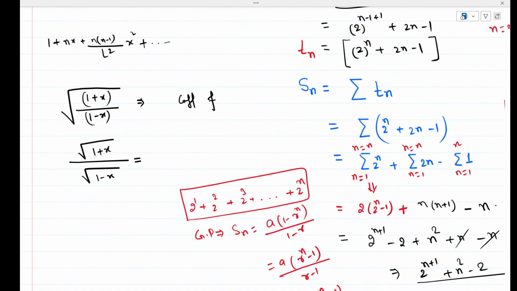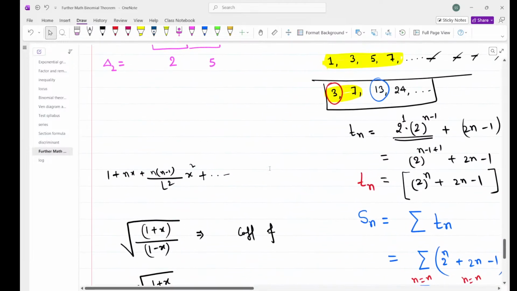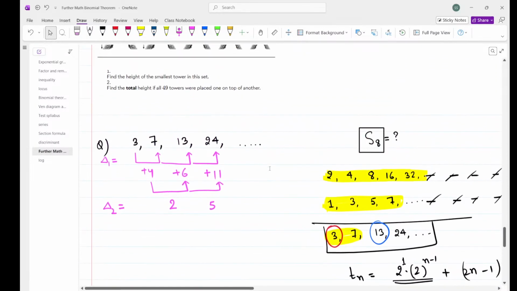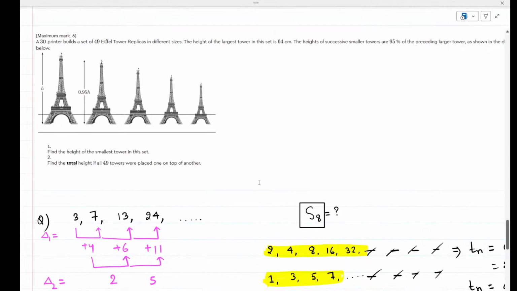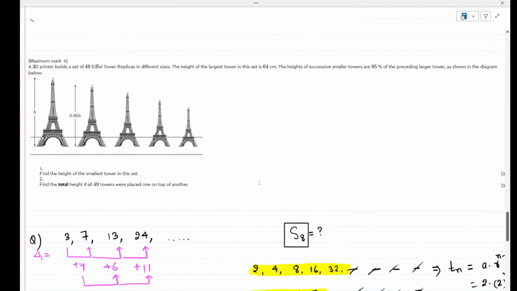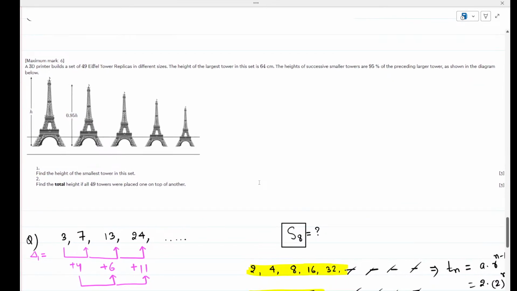This one, the square root binomial one? No. You gave one about geometric or some series question, like the word problem. Yeah, okay, this one. A 3D printer builds a set of 49 Eiffel Tower replicas in different sizes.